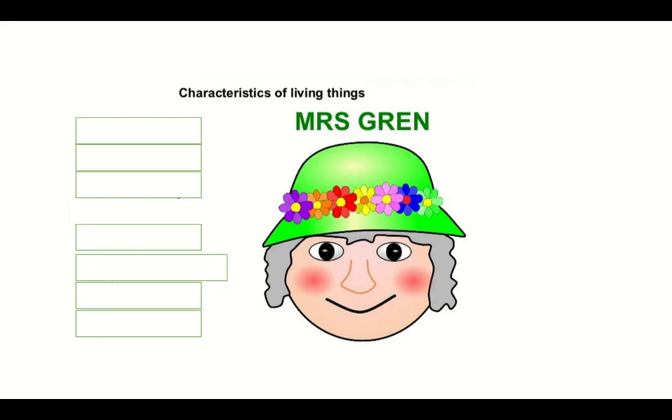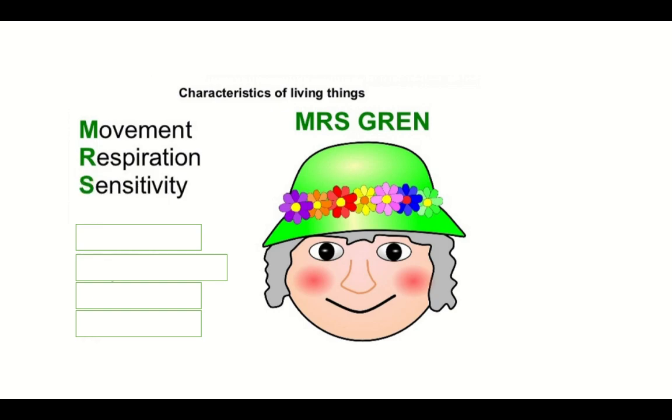There are 7 characteristics of living things which can be known as MRS GREN. So let's see what these abbreviations are basically made up of. M stands for movement. All living organisms can move. R stands for respiration. All living organisms can respire.